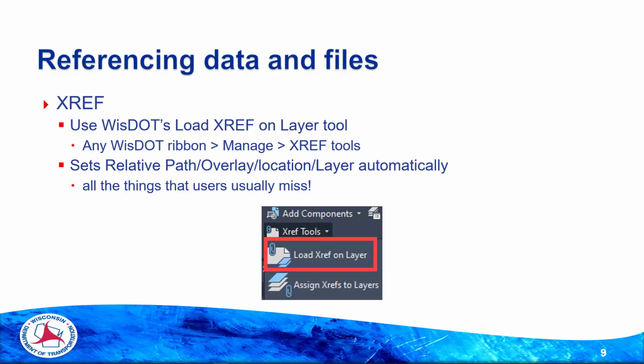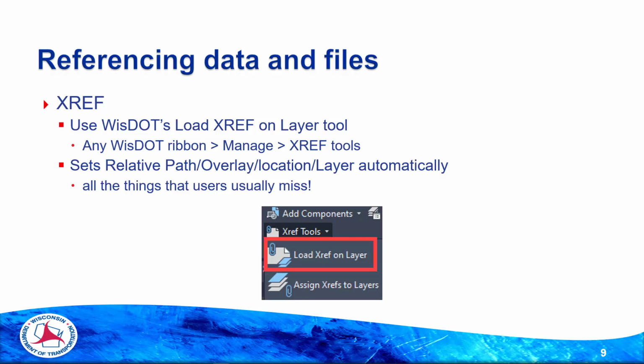What this does is you identify what file you want to XREF, and then it sets the relative path, the overlay instead of attachment, the location on the screen as well as rotation and scaling, and then also the layer that the XREF will go on. It sets all of that for you. You don't even see a dialog pop up for that. These are all things that users usually miss in some combination.